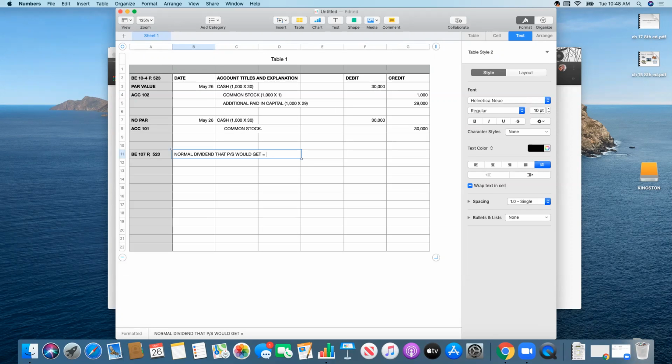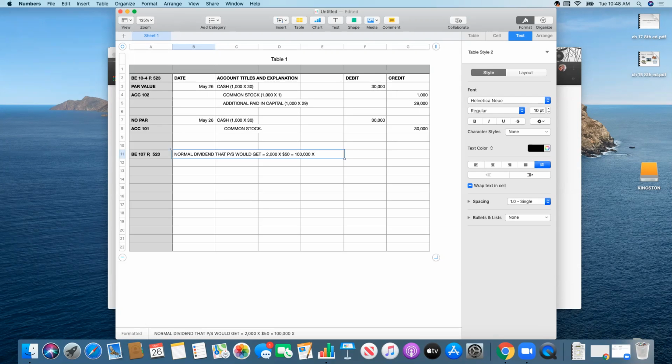They have 2,000 shares of stock, and it has a par value of $50 per share. So 2,000 times 50 is $100,000.